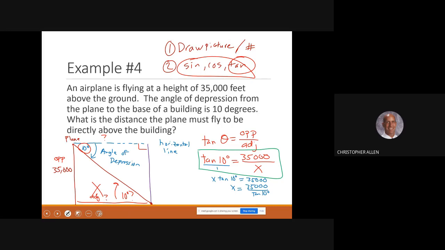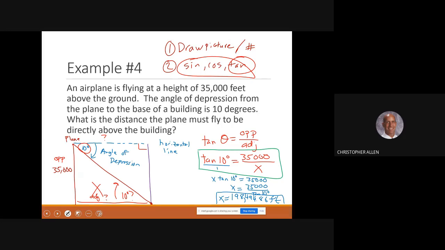Oops, not 35,000 divided by 10, divided by the tangent of 10. Let's try that again. I get x is 19,849.86 feet. That would be the answer.